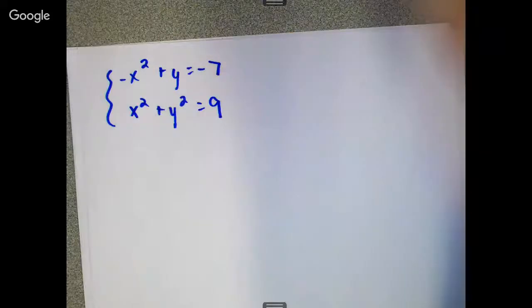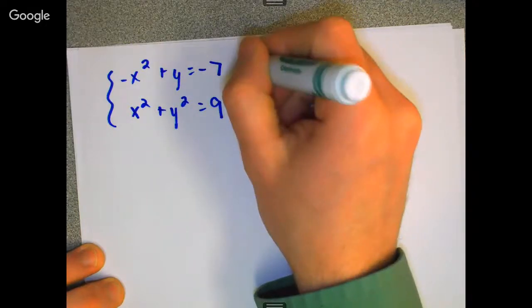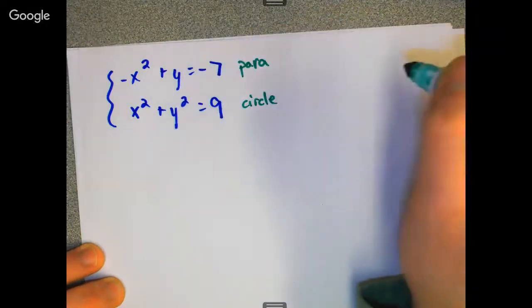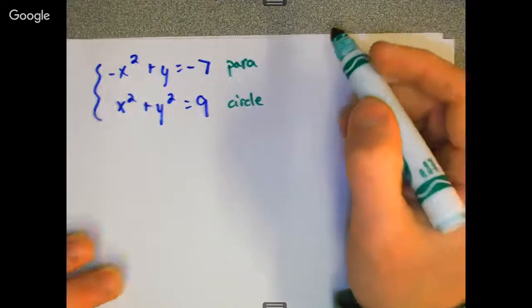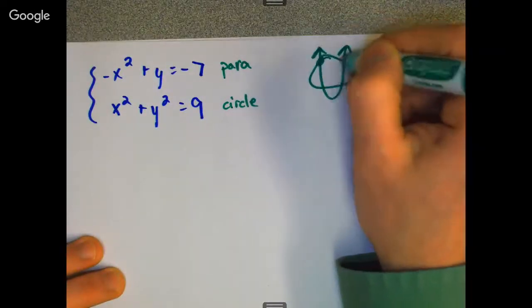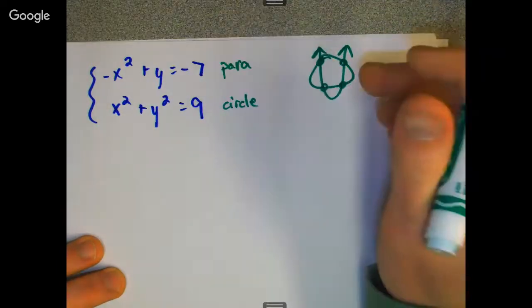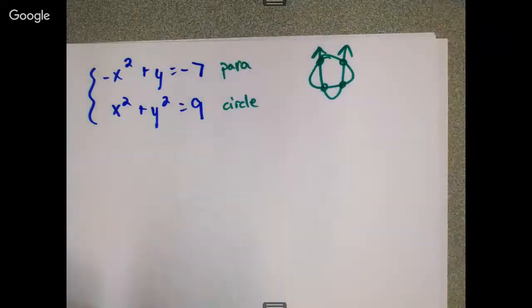All right, so here we have a circle and we have a parabola. So we're trying to see how does this circle interact with the parabola? It can go from 4 to none types of solutions.